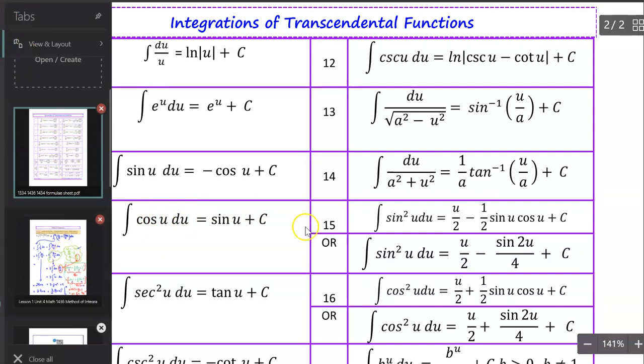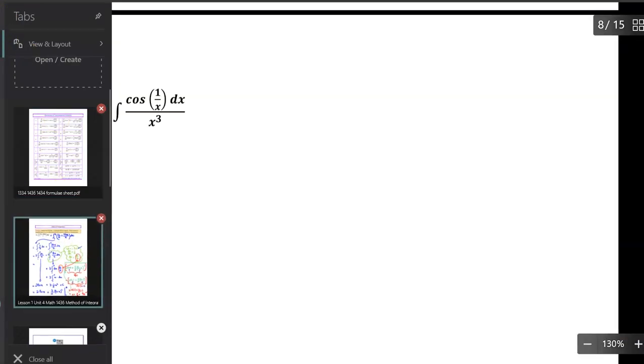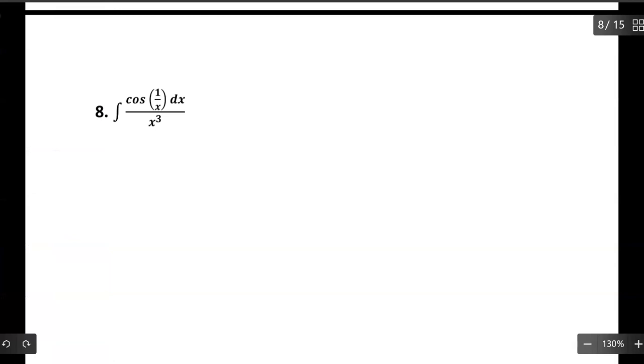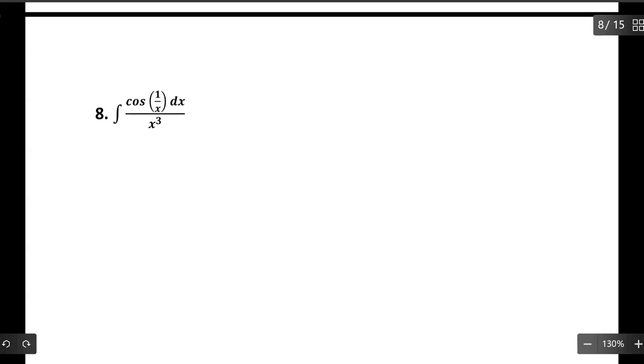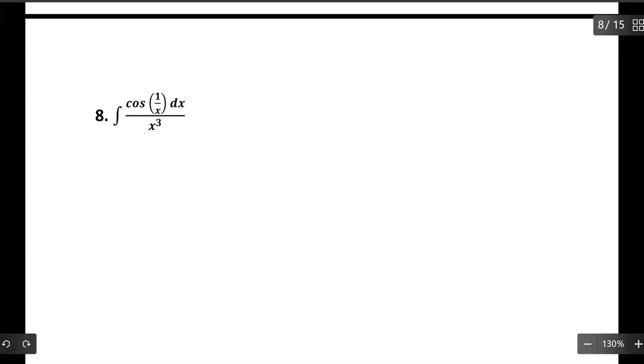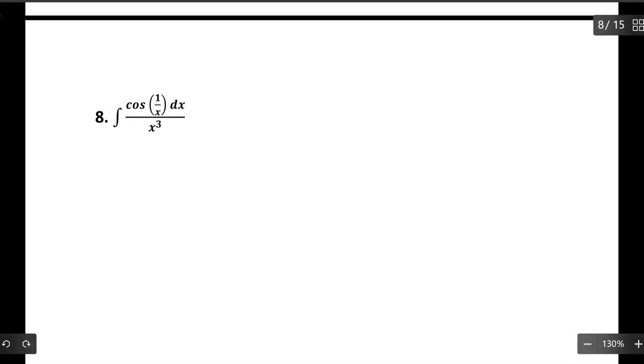So in this case, we are going to let u equal to 1 over x. Okay, I believe that I made an error in typing this.